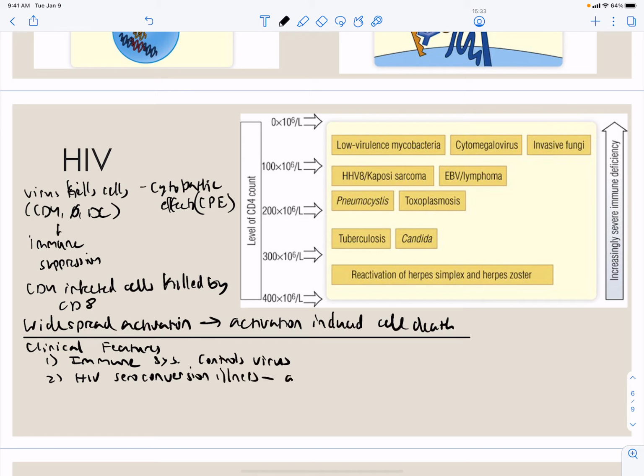And this is about when antibodies develop. And remember, antibodies kind of come up after T-cell mediated responses. And this coincides with a rash, malaise, or fever.